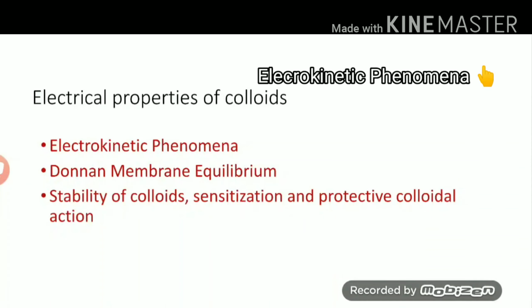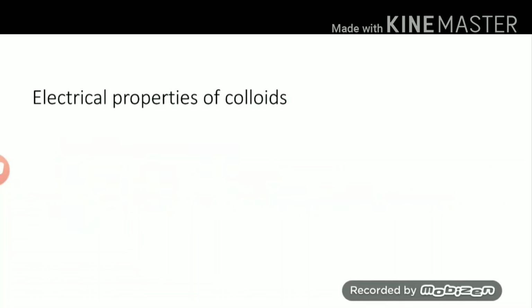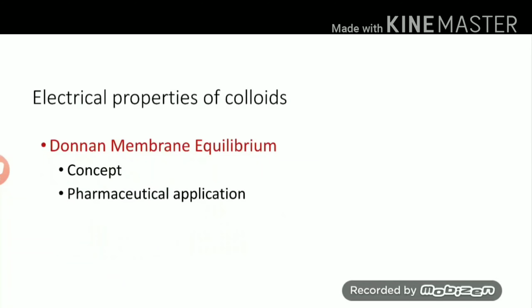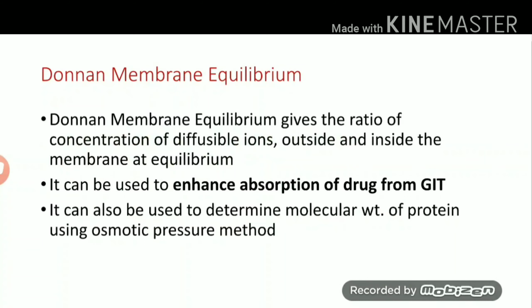You can watch my previous video related to electrokinetic phenomena. In this video, we will discuss Donnan membrane equilibrium, its concept and pharmaceutical application. Donnan membrane equilibrium gives the ratio of concentration of diffusible ions outside and inside the membrane at equilibrium.